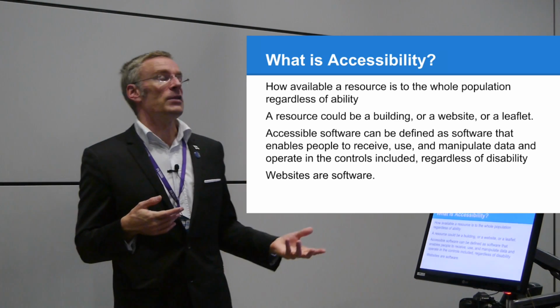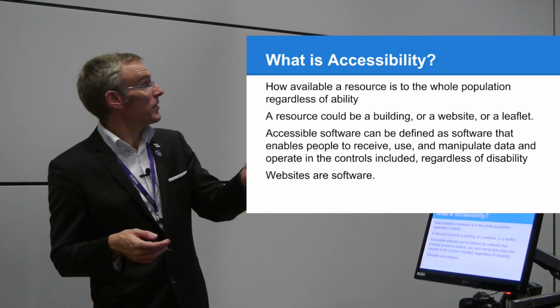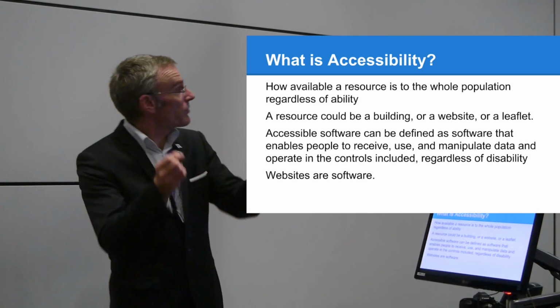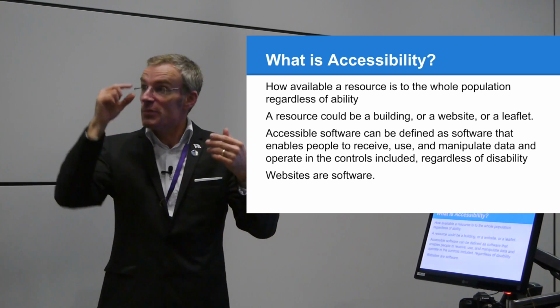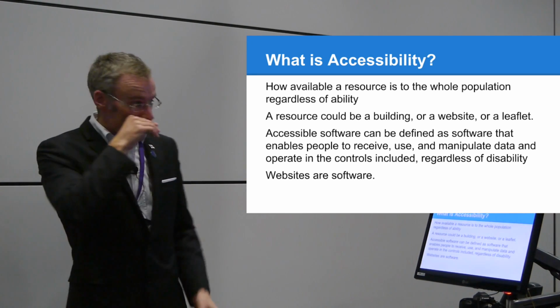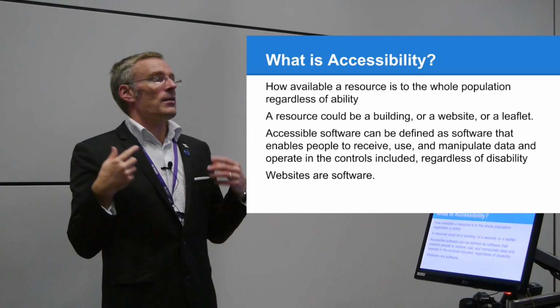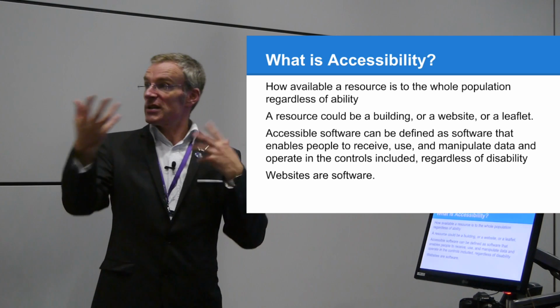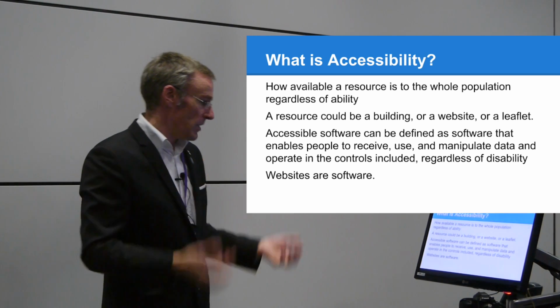So if it was a building, accessibility might mean putting a ramp up to the door, or putting a handrail somewhere, or having an automatic door so they can get through the doorway, or having your signs clear enough so people can read them without having to put their reading glasses on. When it comes to websites, accessible software is software which allows people to interact with it in a nice, easy manner, despite impairments.